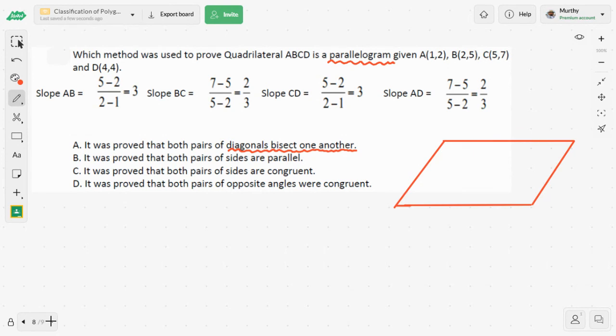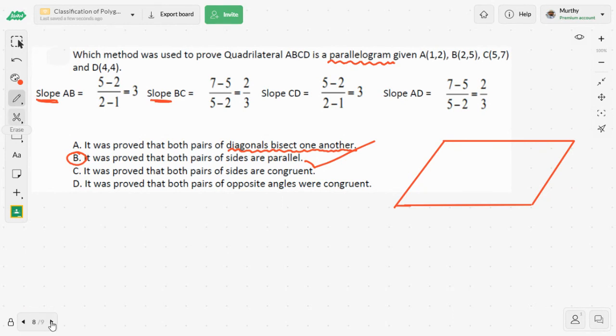So it was proved that both pairs of sides are parallel. I think I need not look at the other options at all. Straight away I'll go with this one. Then how can you make use of these slopes to find that the sides are parallel?